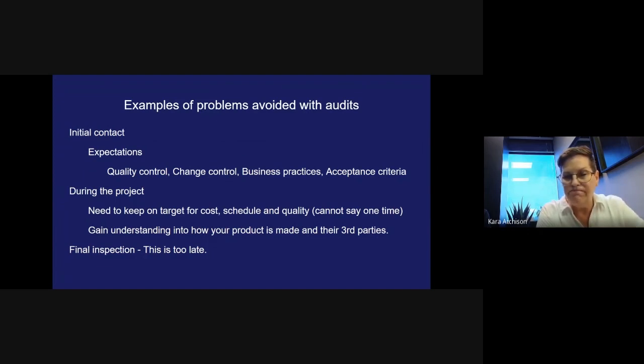During the project, you're going to see cost, schedule, and quality changes. It's just going to happen as products go into life. Once they place that order, they get the materials in, then something could happen. You just really have to keep an eye on it.